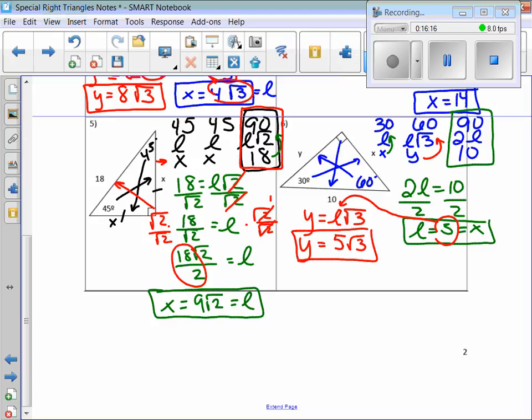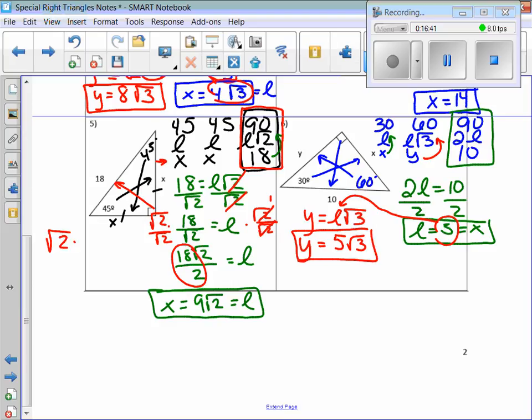We know this needs to be a simplified answer, so we cannot leave a square root of 2 in the denominator. So we have the square root of 2 times 18. We just rewrite that so the 18 comes out first. It looks nicer. It's prettier to look at than having a square root of 2 times an 18. So put the 18 out front and then put the square root of 2. In the denominator, we have a square root of 2 times the square root of 2.